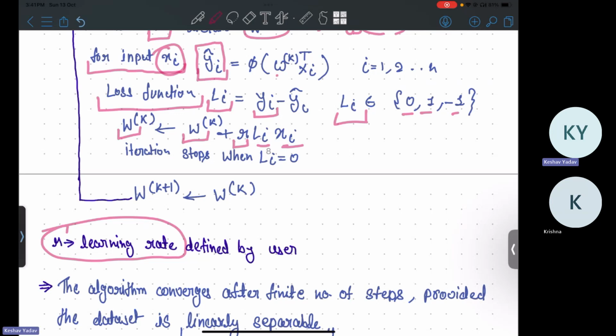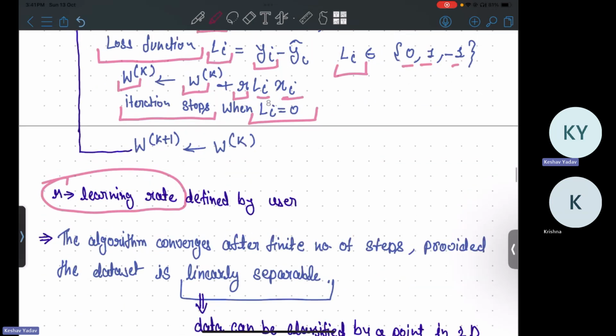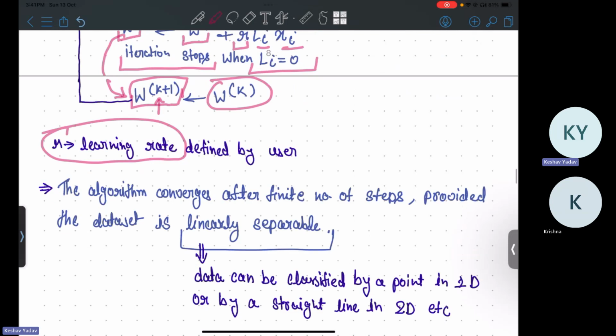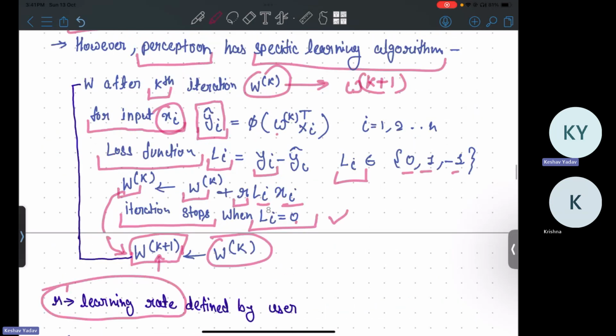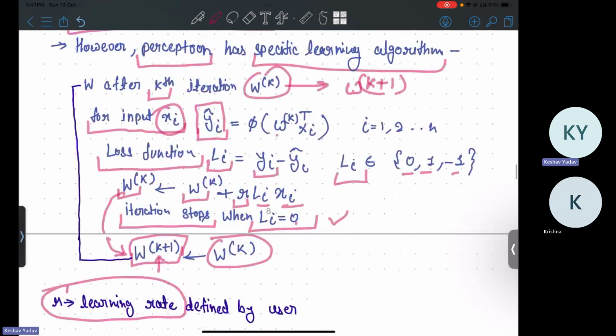This goes on until we have Li equal to 0. So this is the algorithm used in the perceptron.